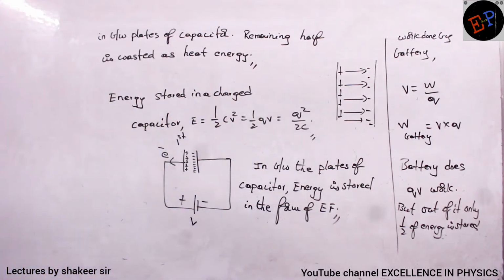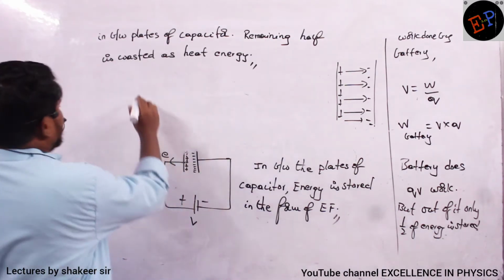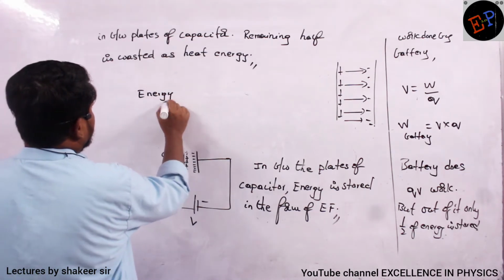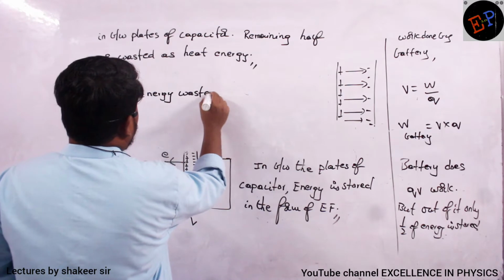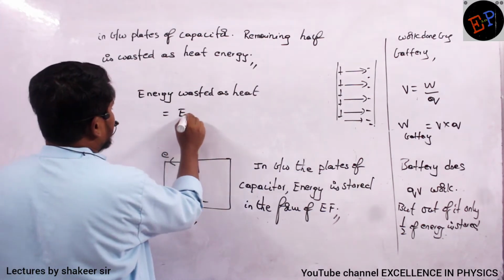Are you able to understand me? So how much heat energy is wasted? Half of it. Therefore, energy wasted as heat: how can I calculate?